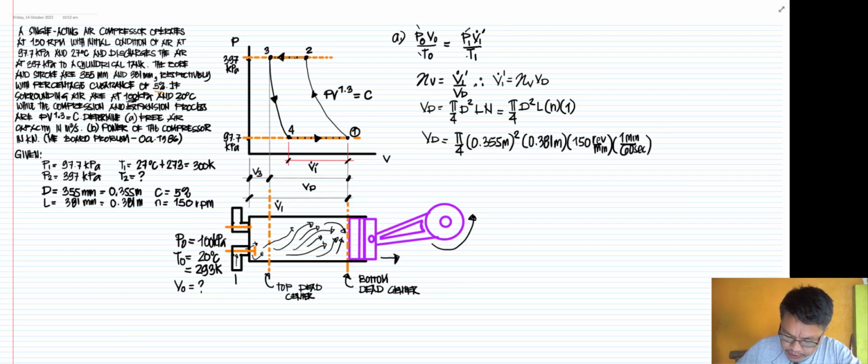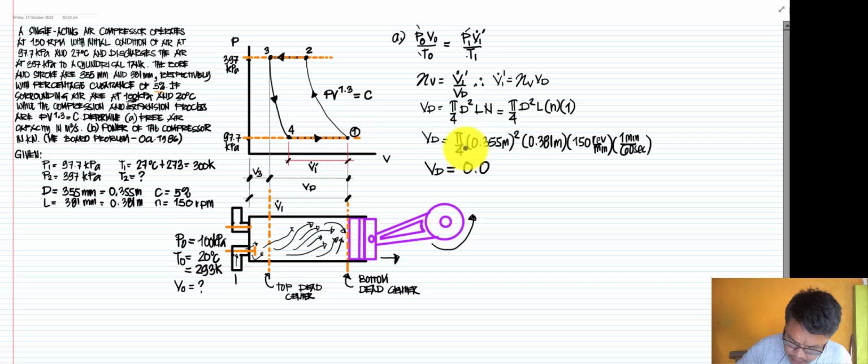So using our calculator, we have the value for your VD is equal to 0.0943. So for the units, cancel out your minute here, so we have the unit of cubic meter per second.